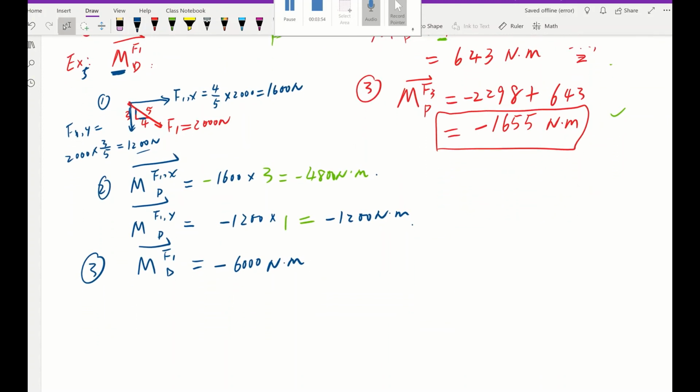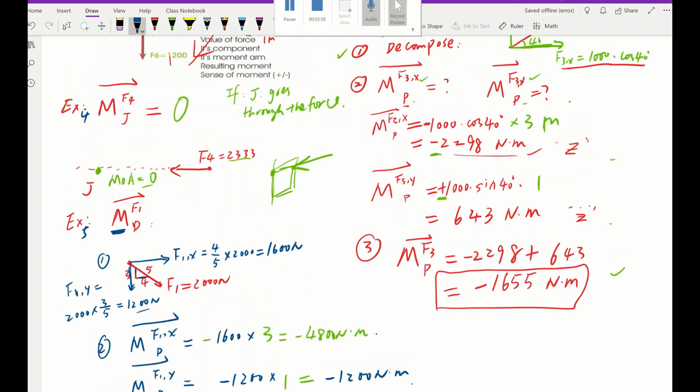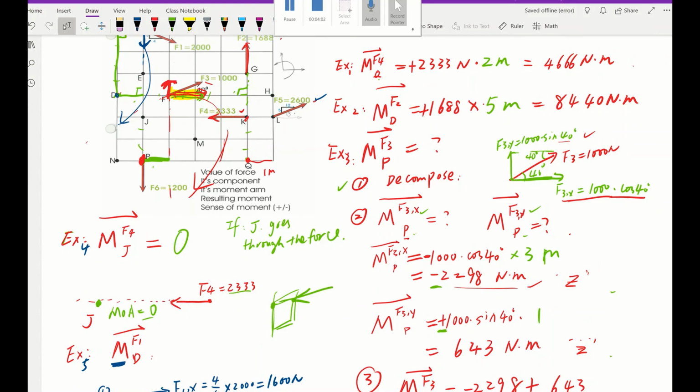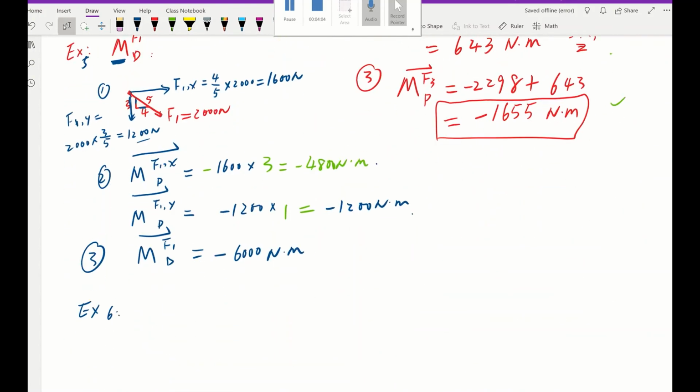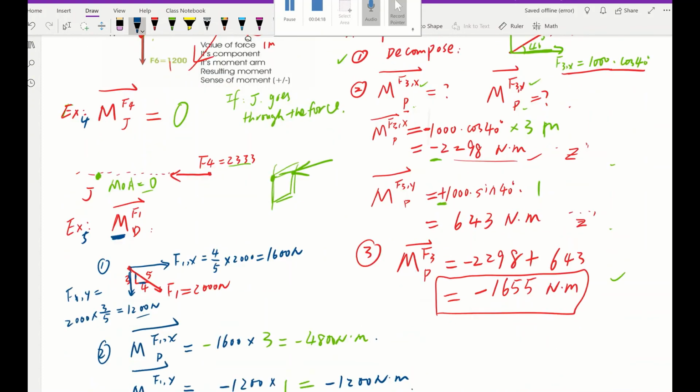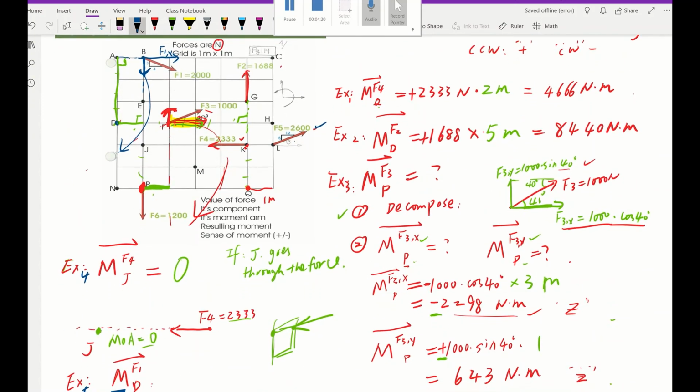All right, let's look at one last problem. Example 6, and we're going to look at this F5, and that's a 5, 12 triangle, and this is F5, and it's 2600, and 5 is on vertical, horizontal 12, and this hypotenuse will be 13, right? 5, 12, 13 triangle. How about we have this force rotating about K?